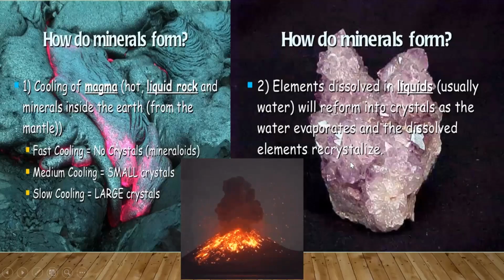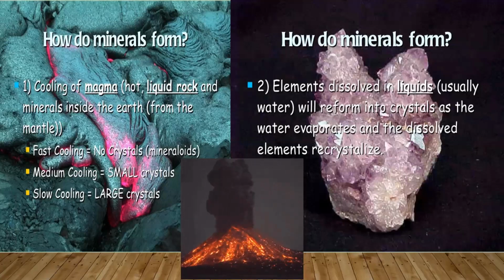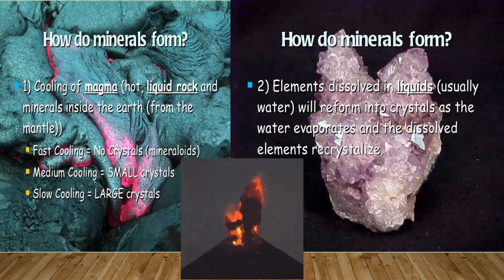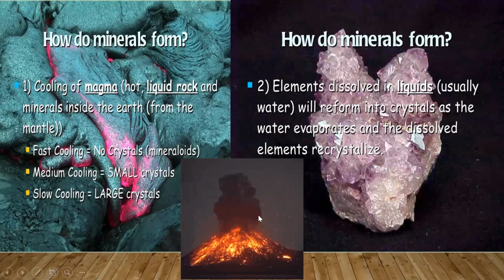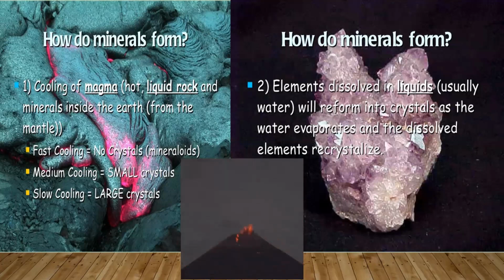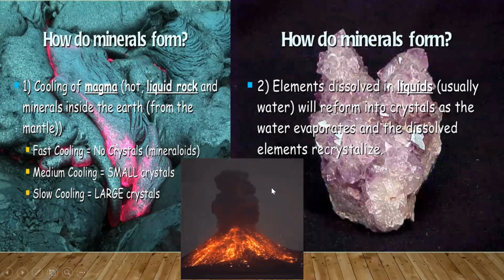Morning, children. Now, at a glance, how do minerals form? When a volcanic eruption occurs, magma, the hot liquid rock and minerals inside the earth's mantle, cools. With fast cooling of this magma, no crystals will be formed, so those are called mineraloids.